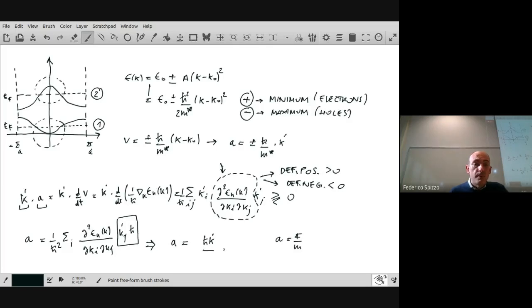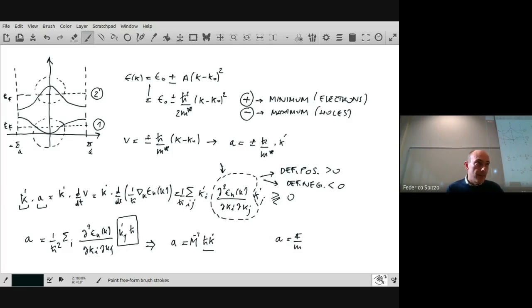As h bar k prime in the semi-classical equation is equal to the force, what is missing here is the equivalent to what was in the second law of dynamics, the inverse of the mass. So due to that, this matrix here is called the inverse mass tensor.